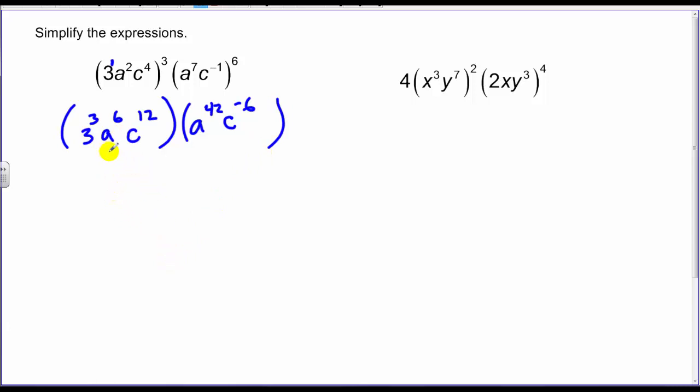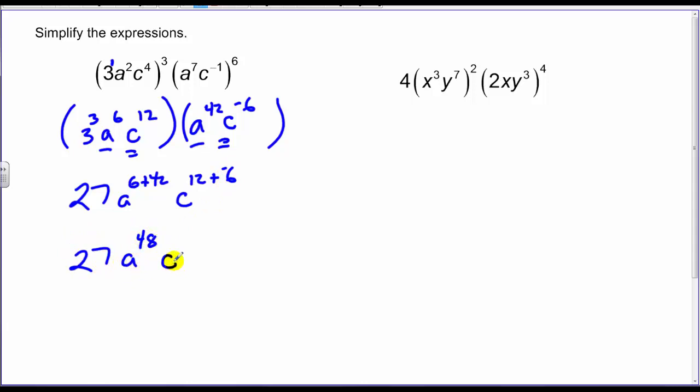I have to take and multiply these two terms together, which has a different rule. First of all, 3 to the 3rd is 27. And then I have common bases of a. So since I'm multiplying now, I keep the base the same and add the powers. And likewise with the base of c, I add those powers, thus giving me 27, a to the 48th, c to the 6th.